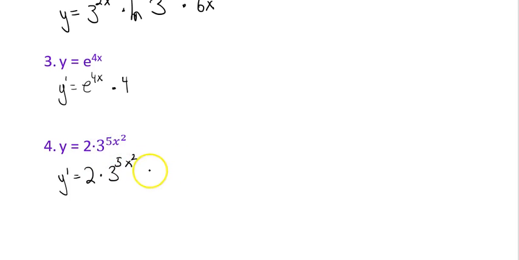Then, since it's an exponential, you multiply by the natural log of the base. The base is the 3, not the 2, because the exponent applies to the 3. So natural log of 3. And then, because the exponent is not plain x, we would multiply by its derivative, which would be 10x to the 1. Well, we don't normally put 1.